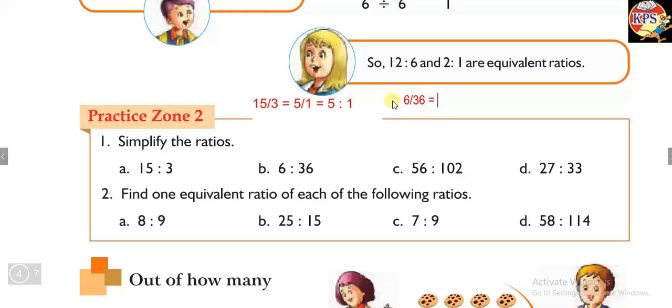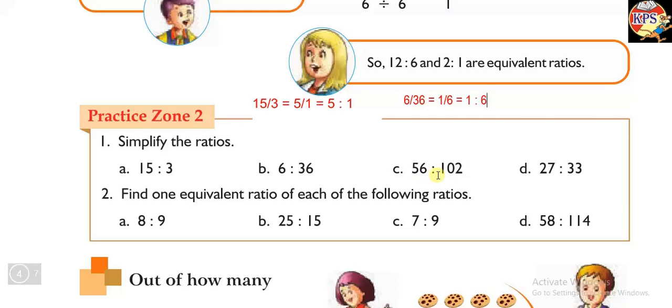So here we write 1 and here we write 6. Now what is the ratio of 1/6? We can write it like 1:6. So this is how you will simplify these ratios.